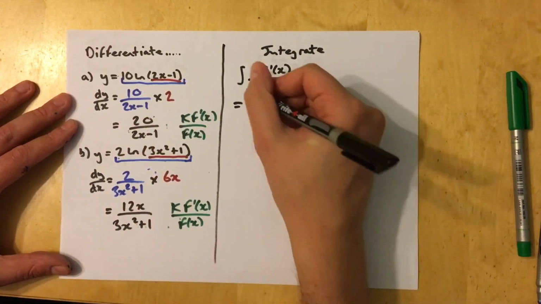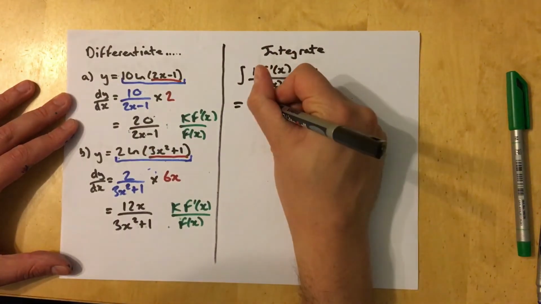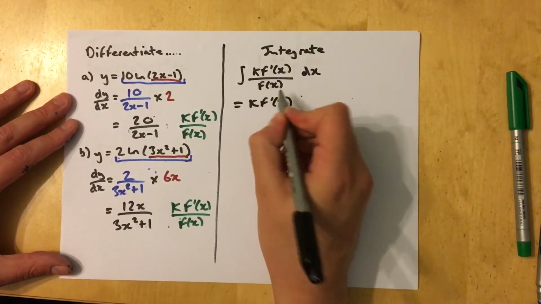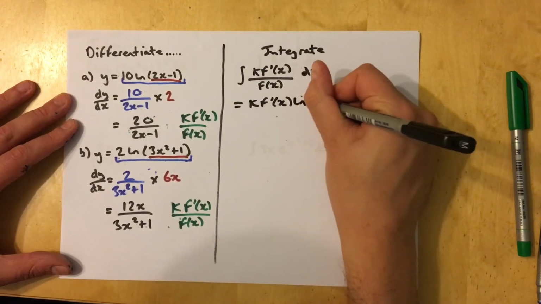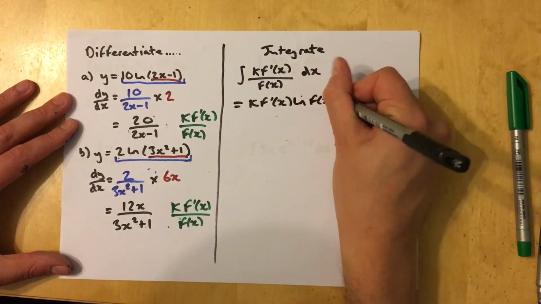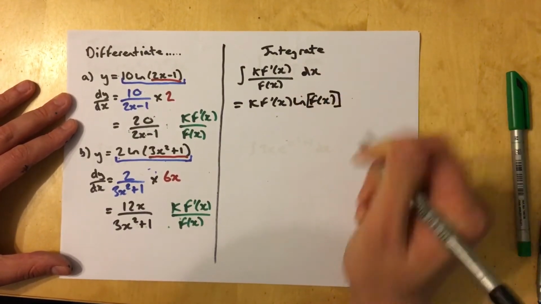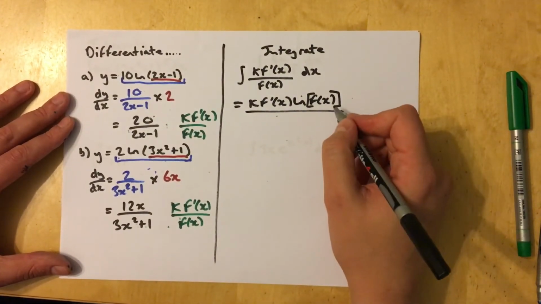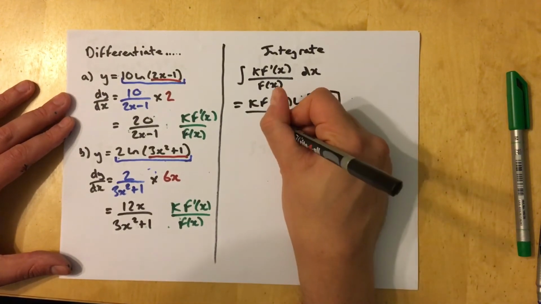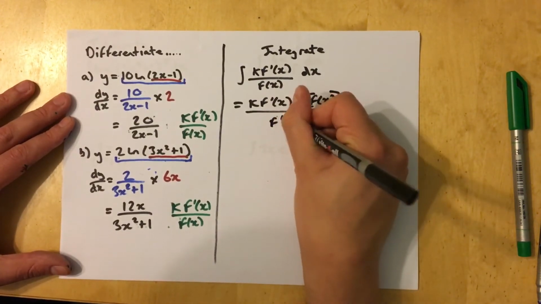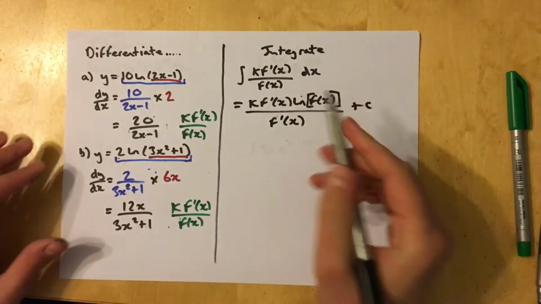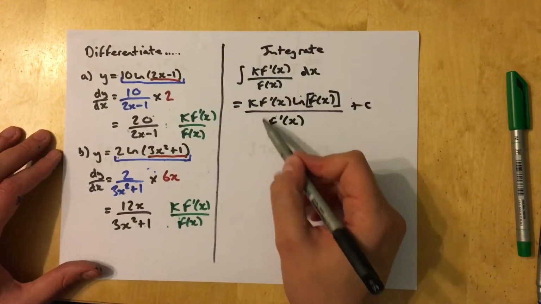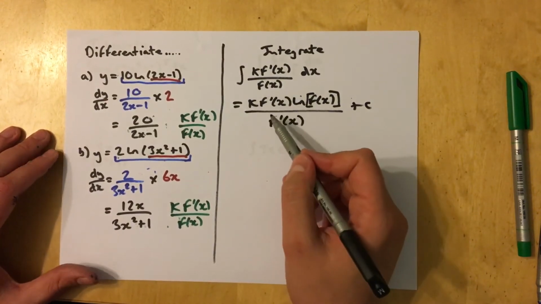We're going to leave the numerator alone, and then whatever's in the denominator is what goes in my natural log function. And then, you'll be sick of me saying it by now, we divide by the derivative of that inner function. And hopefully when we apply this, we'll see that the derivative of the inner function in our denominator will cancel with part of the numerator.